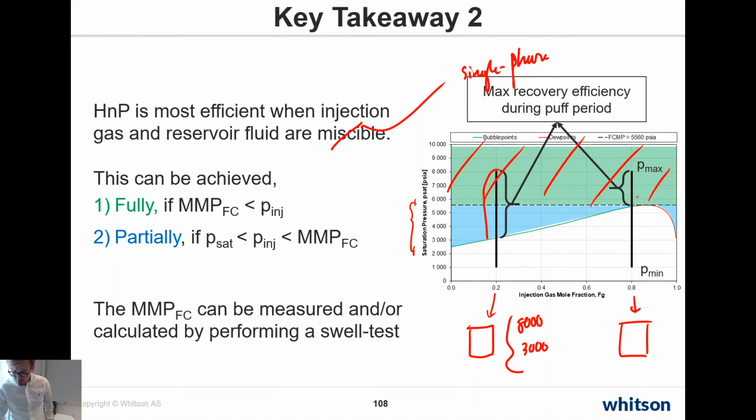While in this particular case, it will be from 8,000 down to 5,500. So the pressure cycling interval with high efficiency is higher in the pores with this ratio.